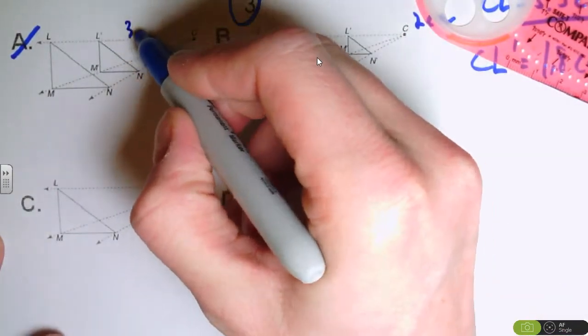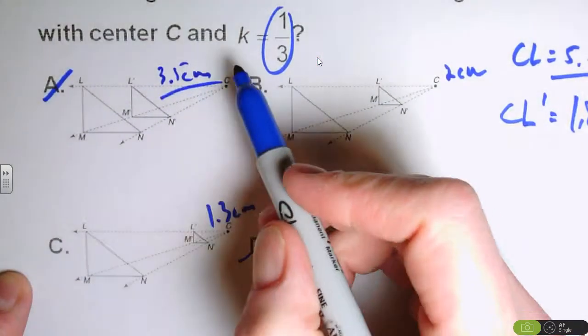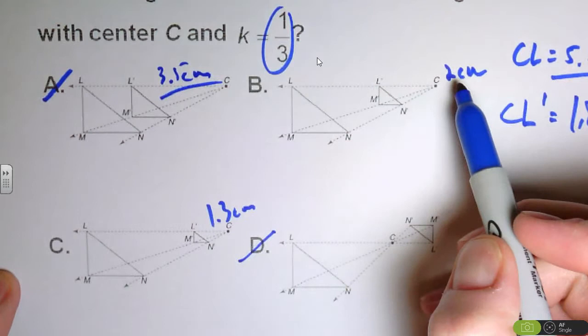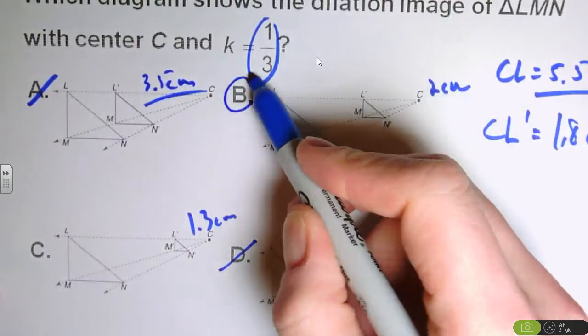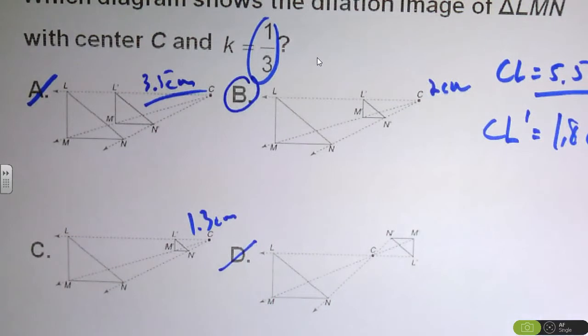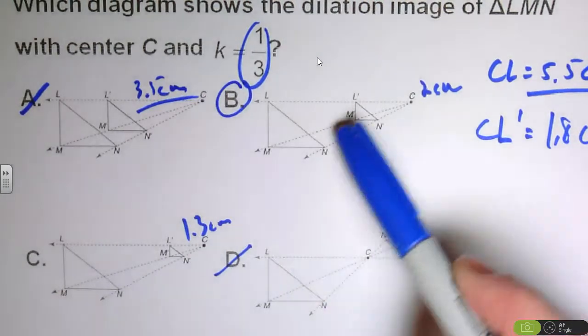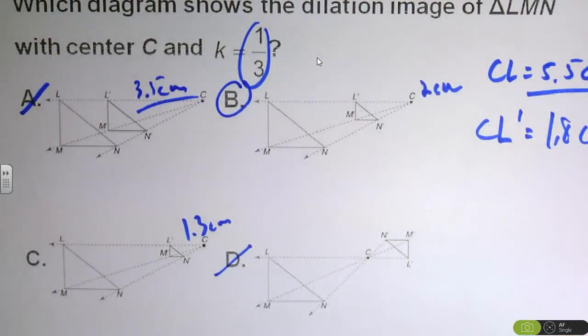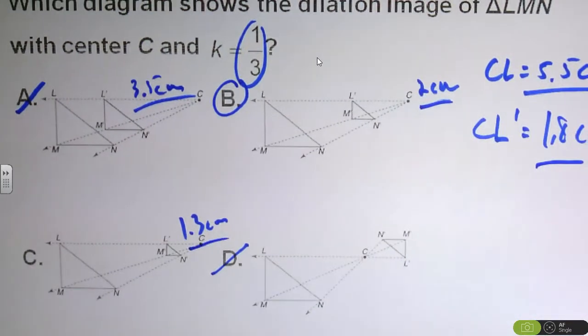This one is like 3.5 centimeters, way too big. So it really comes down to B or C, and if this is about 2 and this is about 1.3, the closer to 1.8 is B. This example isn't 100% accurate, but it's the closer of the two. It should be more like 1.8 centimeters, but 2 is the best we've got because 1.3 is a little too small.